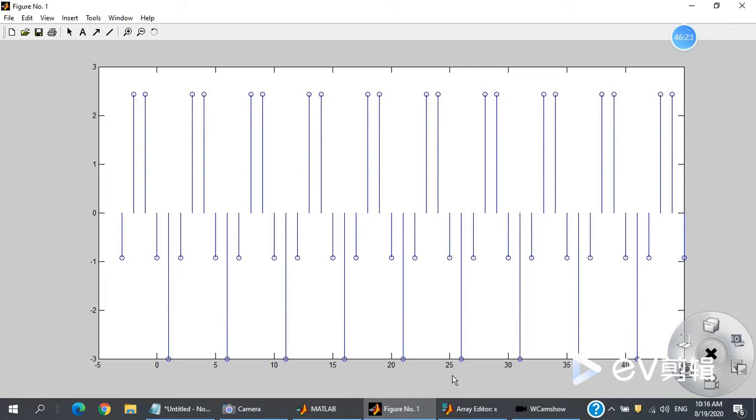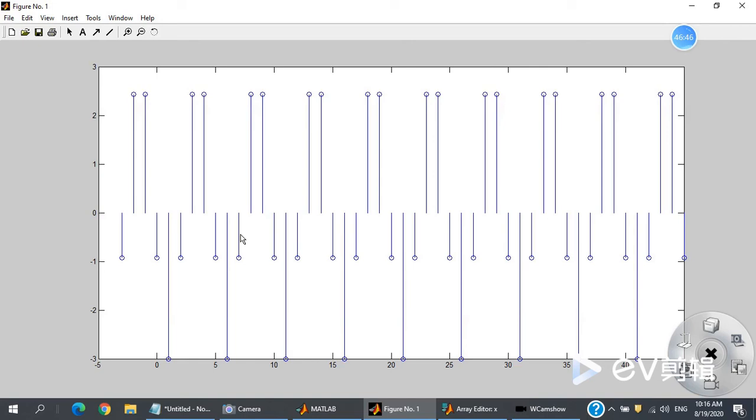Looks like this. Now what is the period? You can see we have 2 positive, then 3 negative, 2 positive, 3 negative, right? The values are 2 positive, then 3 negative, then 2 positive, 3 negative. So every 5 values it repeats. So the period is 5.